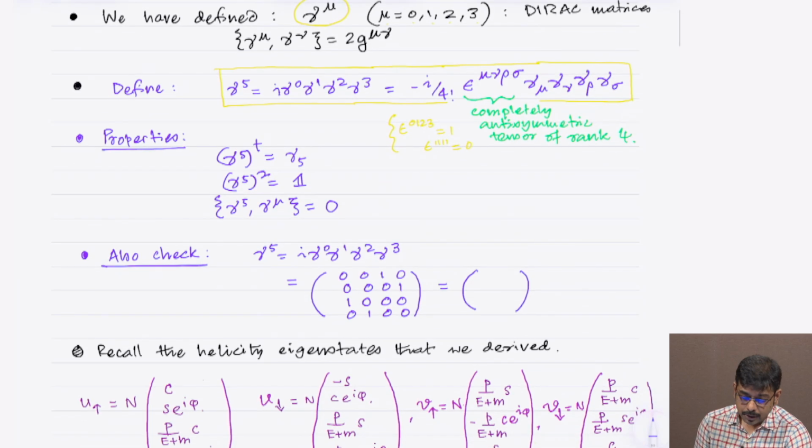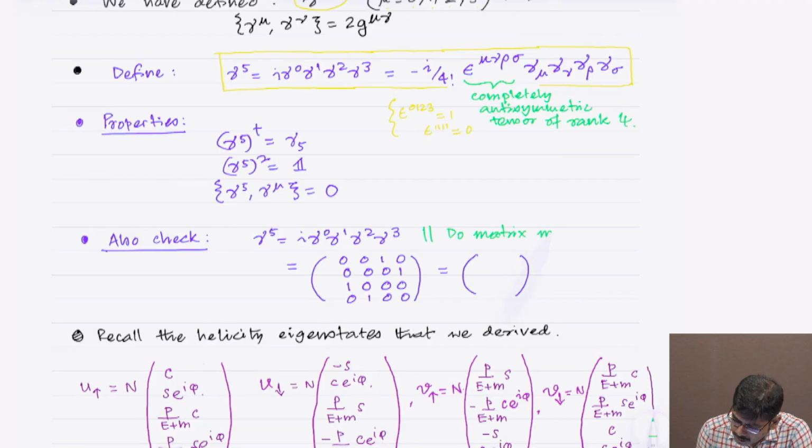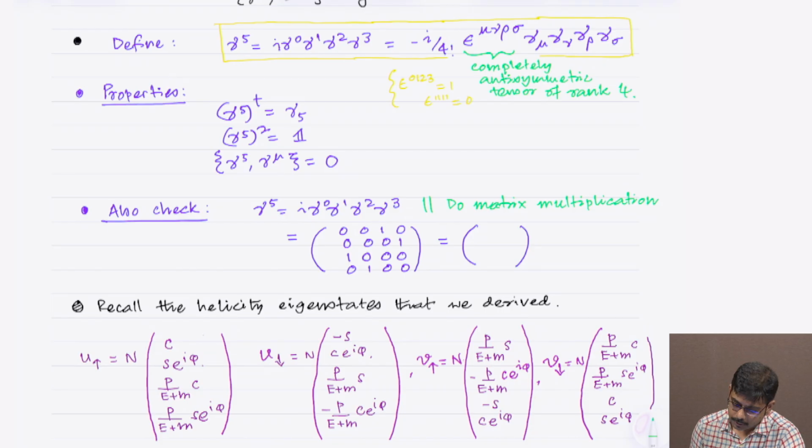Now we can also explicitly check this by doing the matrix multiplication back home. Take our values of gamma 0, gamma 1, gamma 2, gamma 3 in the Dirac-Pauli representation, and do the matrix multiplication to show that in the representation that we are using, this takes the form 0 0 1 0, 0 0 0 1, 1 0 0 0, 0 1 0 0.